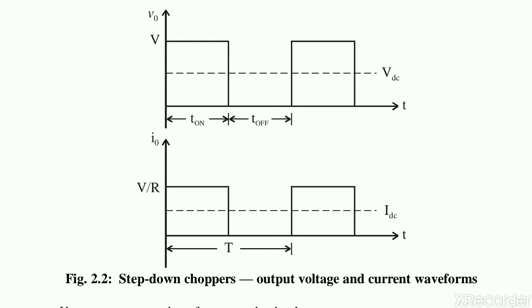So there will be output voltage for the period in which the switch or the SCR is turned on. After turning off the SCR, there will be no path between output and input. So the resultant voltage across the output or across the resistor will be 0. We can see this from the first waveform of the output voltage.